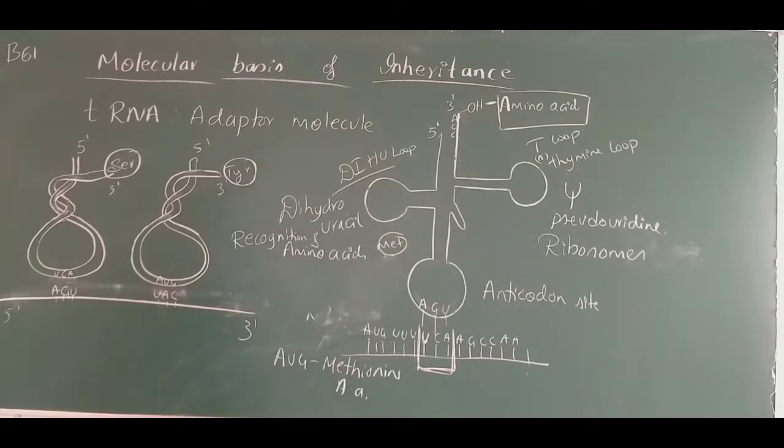Yes, dear students, we have the structure according to your NCERT. So this is one tRNA, one more tRNA. So here they have given this codon and this is the mRNA strand.